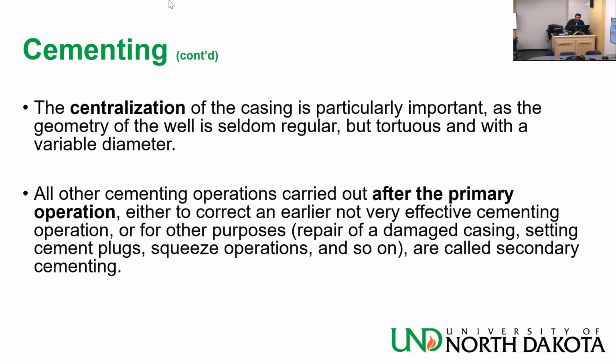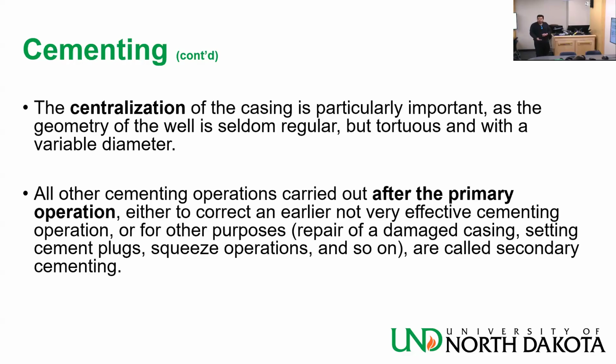All other cementing operations carried out after the primary operation, either to correct an earlier or not very effective cementing operation, or for other purposes, to repair a damaged casing, setting cement plugs, squeeze operations, and so on, are called secondary cementing.